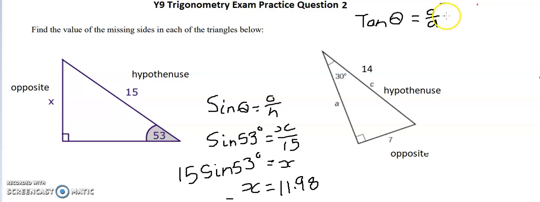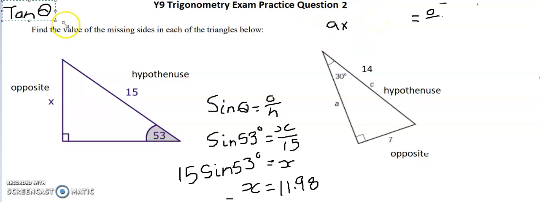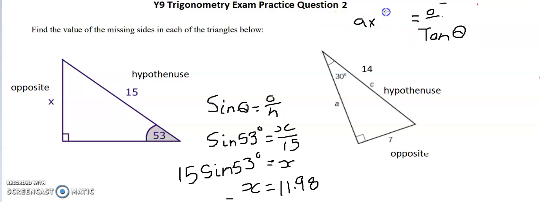Before I do anything, I could times both sides by A. And that cancels my divide by A. And then if I divide both sides by tan alpha, it becomes A is equal to opposite over tan alpha.